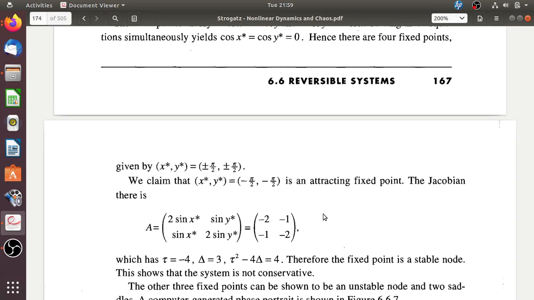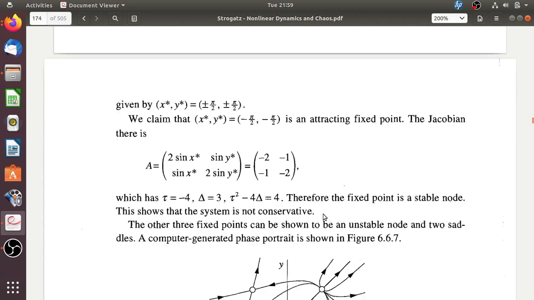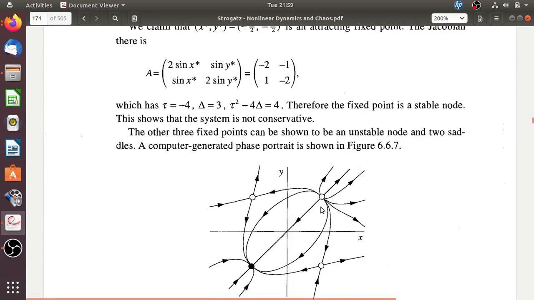Okay, so now let's draw the phase portrait. So this is the computer generated one, and let's say that, even by using a numerical method or some other method, I could plot this half, when y is positive. Can I construct the remaining part?